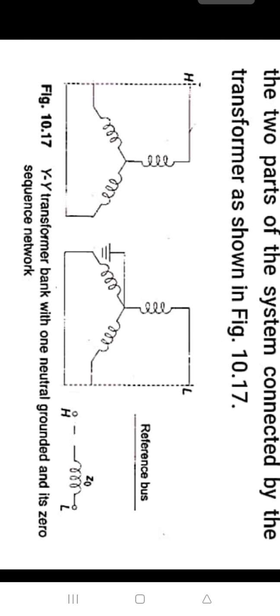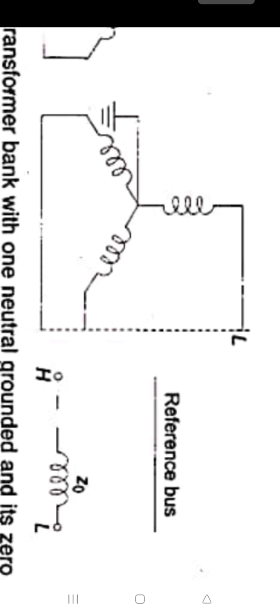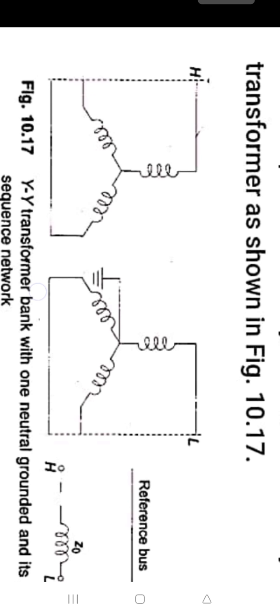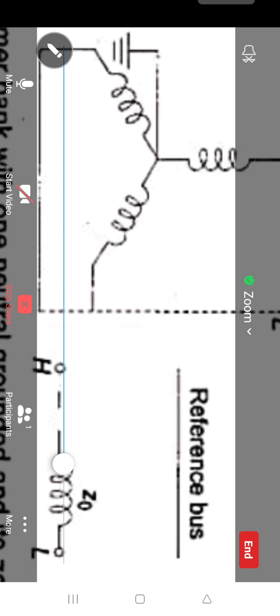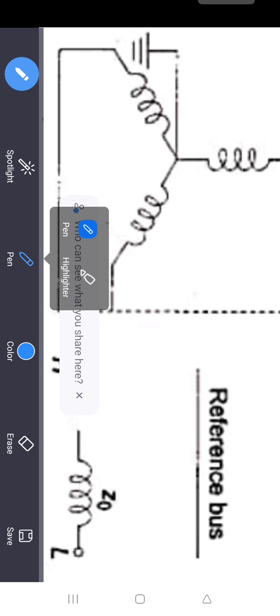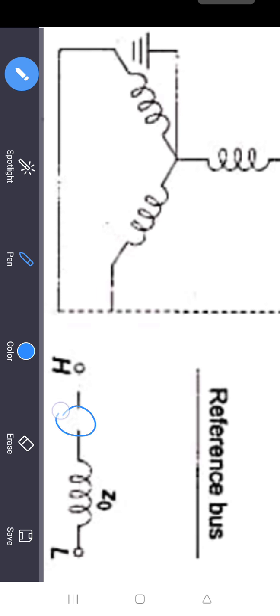So, here you can say we have a grounding on the L side of the transformer, but not on the H side. So, here we take a reference bus and you can see here there is a gap.